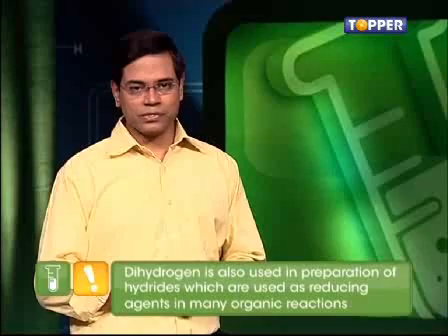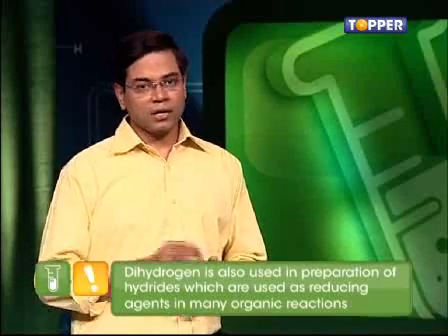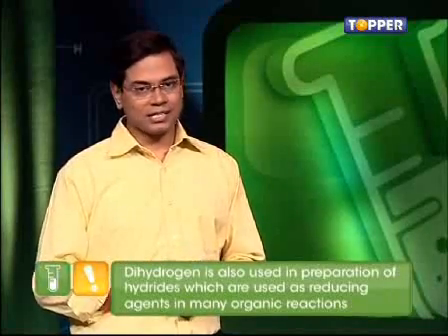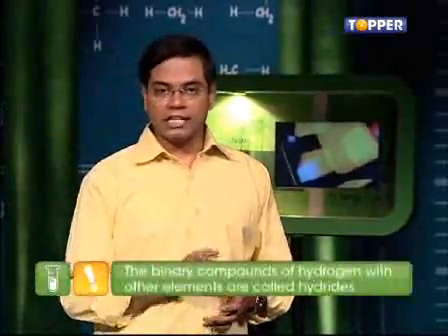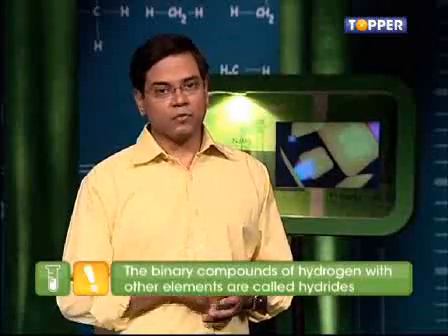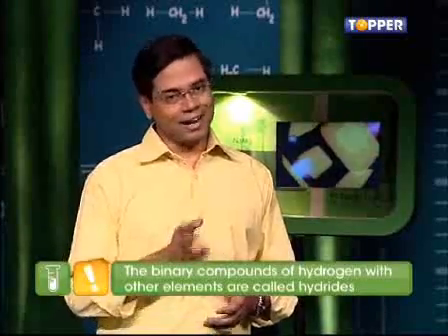Dihydrogen is also used in preparation of hydrides, which are used as reducing agents in many organic reactions. But what are hydrides? Let's find out. Hydrogen under certain reaction conditions combines with almost all elements except noble gases to form binary compounds. These binary compounds of hydrogen with other elements are called hydrides.